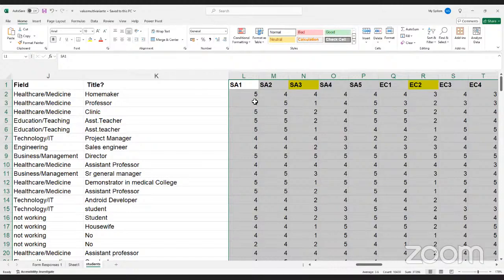Amit, we have shown you the original data for each item. After that, we are creating the particular domain, the total score. So this is the original data.